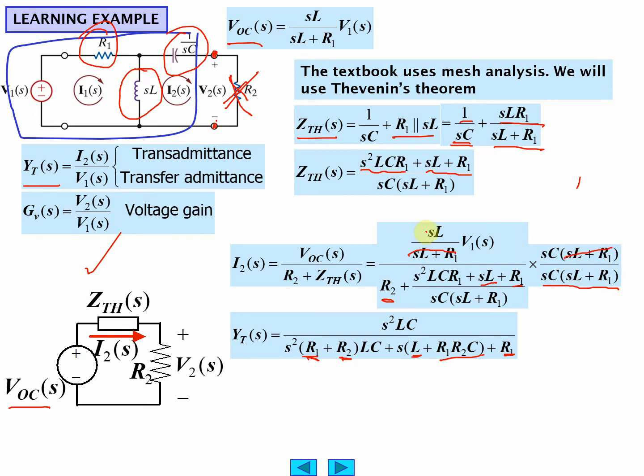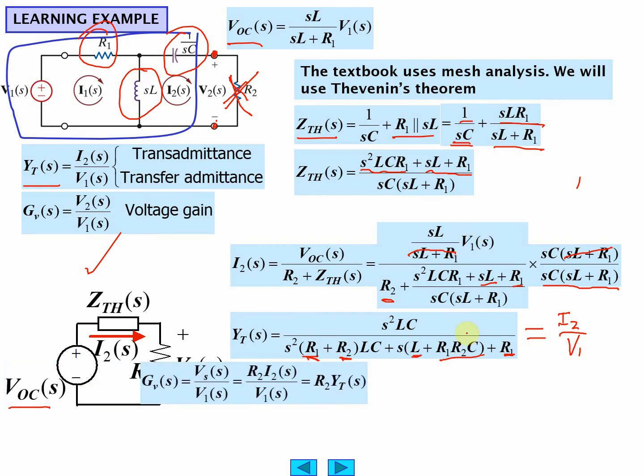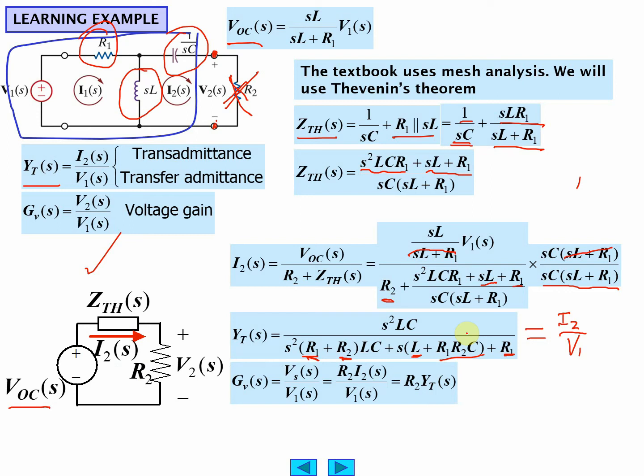So we're just going to have S squared LC up top. Transadmittance, that's equal to the current I2 over the voltage input, V1, which is why V1 doesn't show up. This V1 here doesn't show up down here. So we're convinced of the equation's correctness.